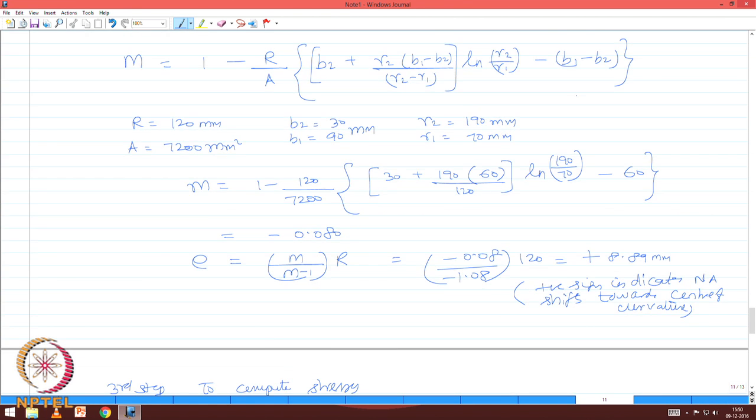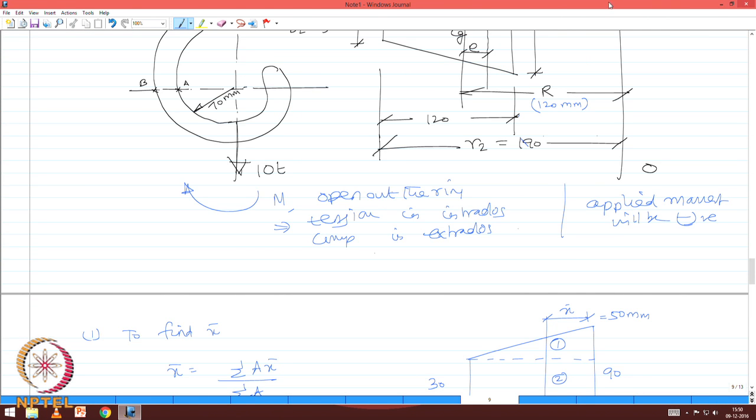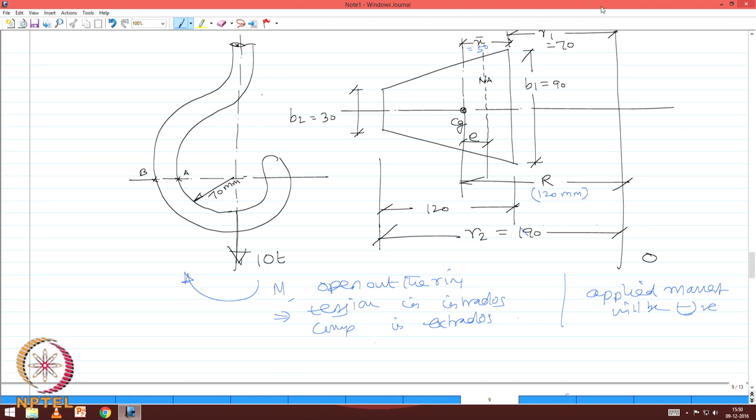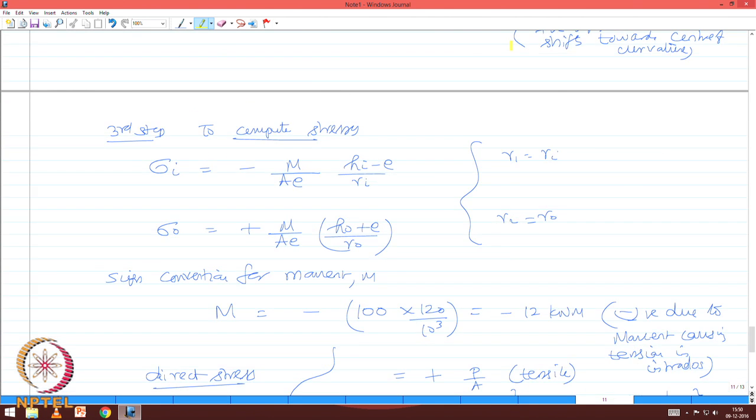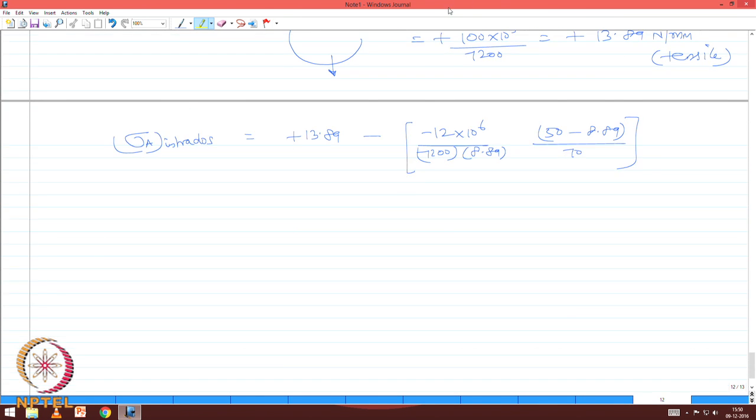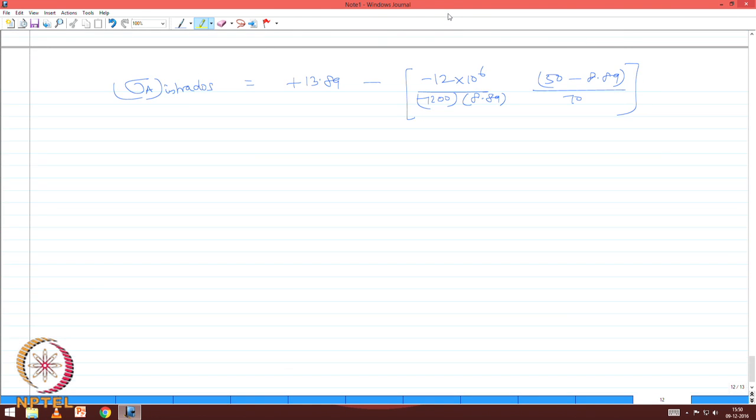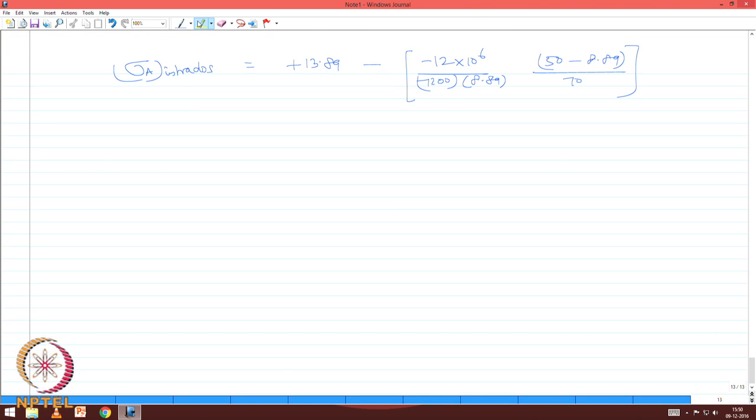Can you please see this figure. R1 is 70 and this surface is the intradas and the distance of that is 50. That is why we have taken 50 here and 70 here in the equation.